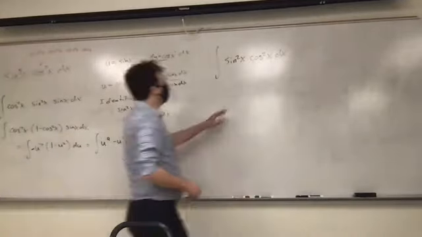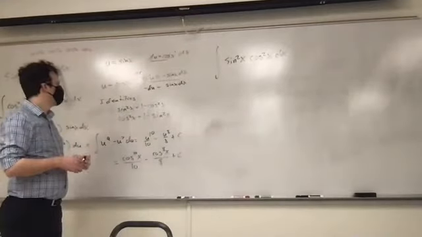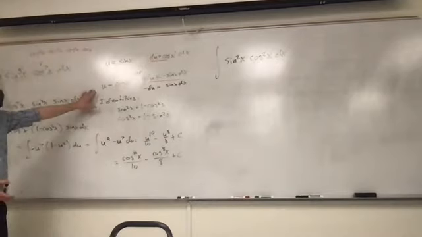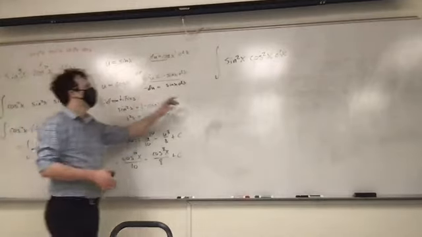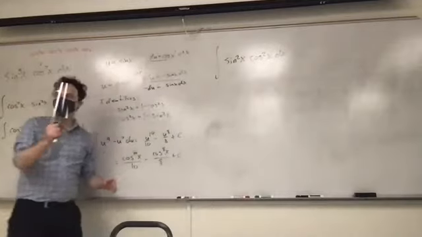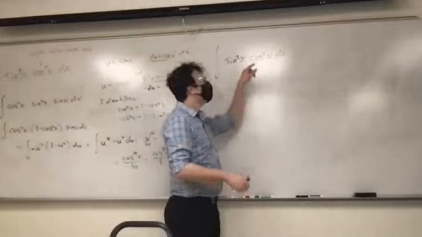And this is the situation where we really have to do something else. The reason why this combination works in a lot of cases is, well, if there's an odd power, then that lets you peel off one and change the rest to the other trig function. In this case, it doesn't work.